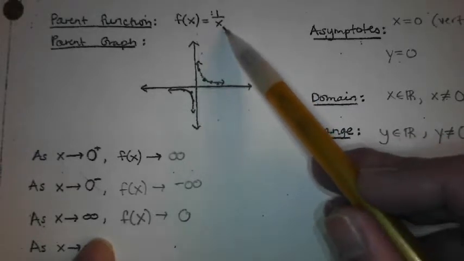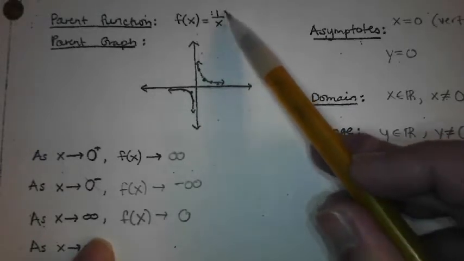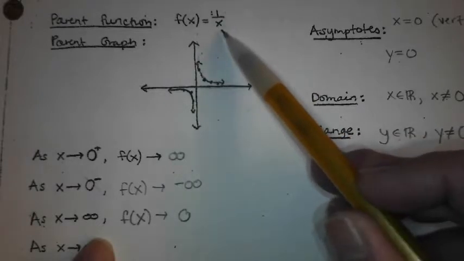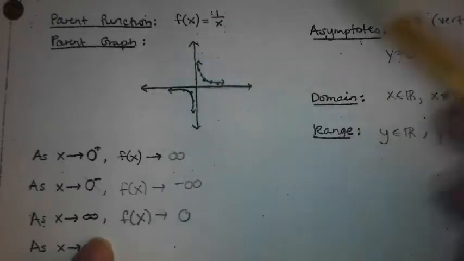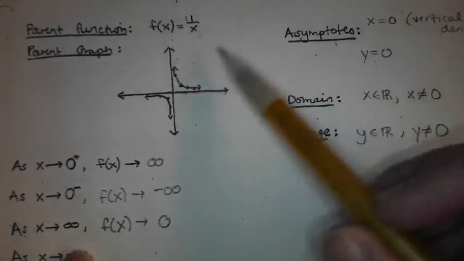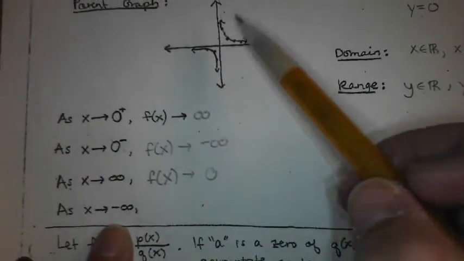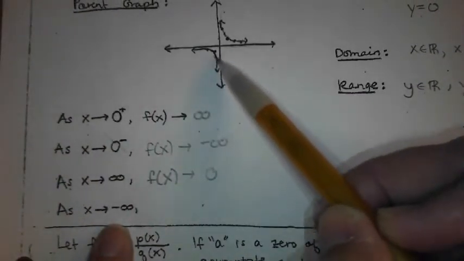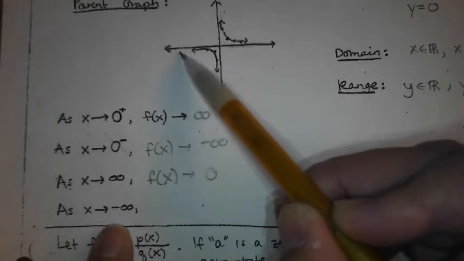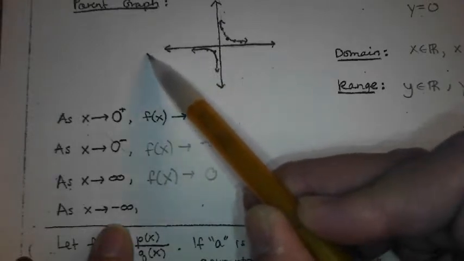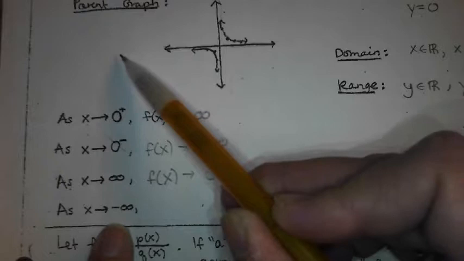If you plugged in 1,000,000, your y coordinate would be 1 over 1,000,000, which is an even smaller number. Not 0 yet, but getting closer and closer to 0 as x gets bigger and bigger. Does this make sense? Okay? And then as x is approaching negative infinity, so here my x coordinates are getting smaller and smaller and smaller, approaching negative infinity. What are my y coordinates getting closer and closer to without ever reaching?